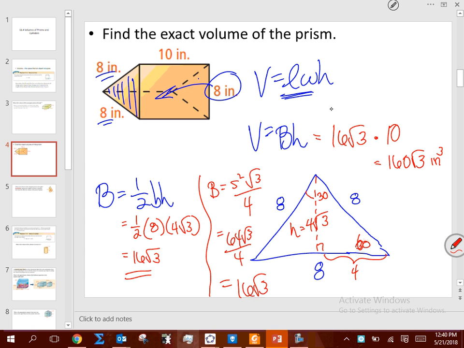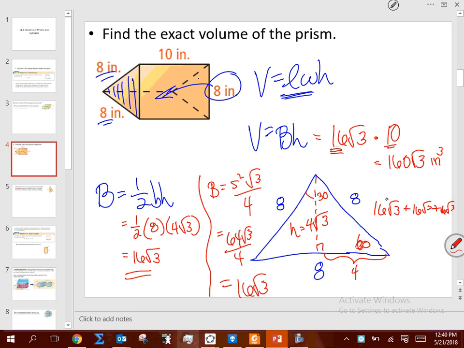Why are you allowed to combine the radical 3 and 10? I'm just multiplying that number there by 10. Because what it's saying is I have 16 radical 3 times 10, and times 10 is repetitive addition, right?